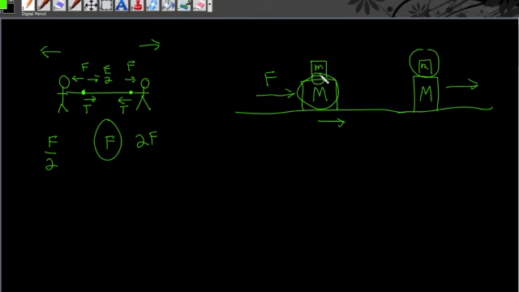So if we look at it relatively, there'd have to be a static friction pushing the little block that way, not kinetic friction. It's easy to think it's kinetic since the big block's moving, but it's actually static since relative to the big block, the little block is not moving.